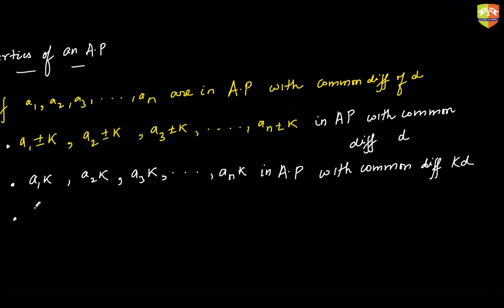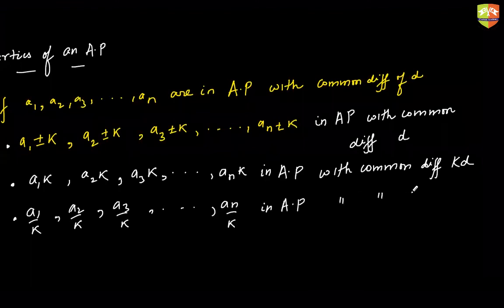Similarly, if you divide all the terms of an arithmetic progression by a non-zero constant K, please note that this will still be in AP with a common difference of D by K. Absolutely.